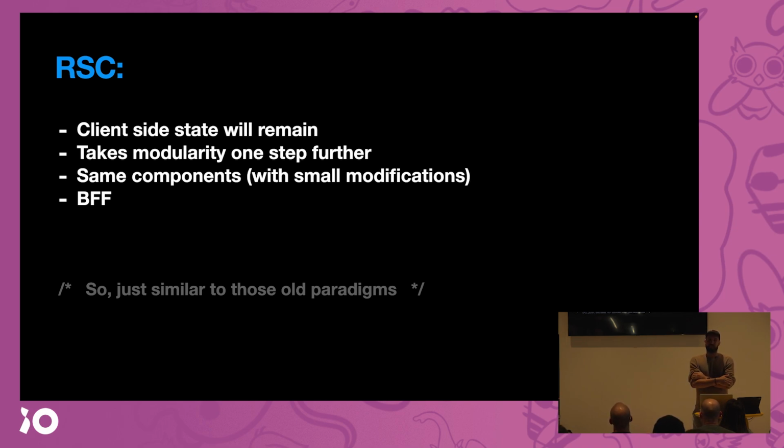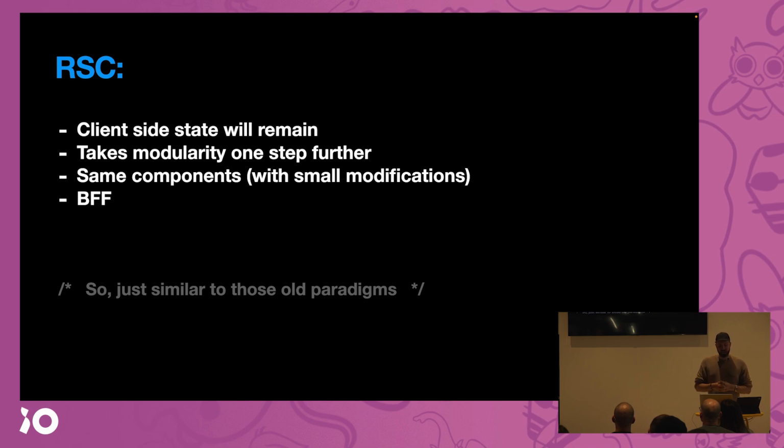So what are the differences? In React Server Components, the client state remains. So if we change something on our client and load something from the server, our client state will remain the same. It's not going to be terminated. It takes modularity one step further. So we can have some NPM packages doing our server-side work as well, and it's just like a module.